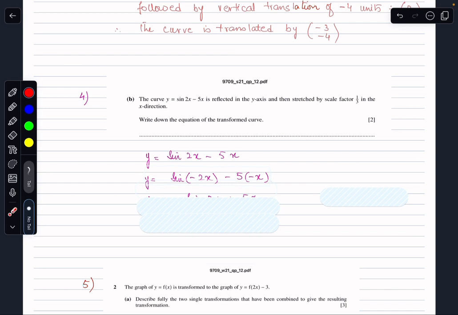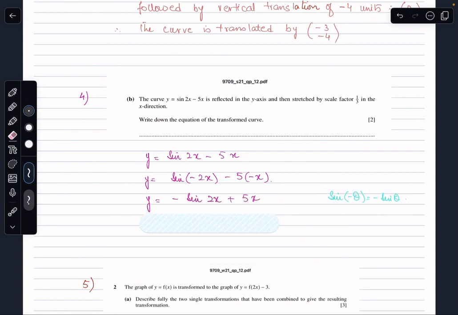To write down the equation of the transformed curve, what I know is that there is a reflection in the y-axis. So the 2x and x should be multiplied by a negative sign because it's a reflection in the y-axis. Therefore, this is sine of negative 2x minus negative 5x.